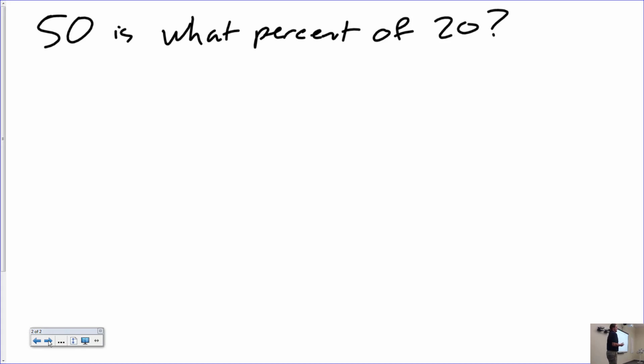Okay? This is a sort of traditional type of question because it's a setup that's meant to try and trick you. A lot of times they'll look at this and say, oh, well, I know that 20 is 40% of 50. This is just 40%. I'm done. That's if it's written the other way. Okay?